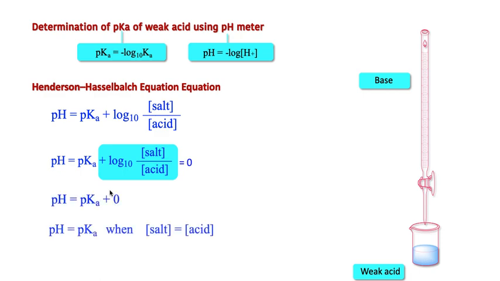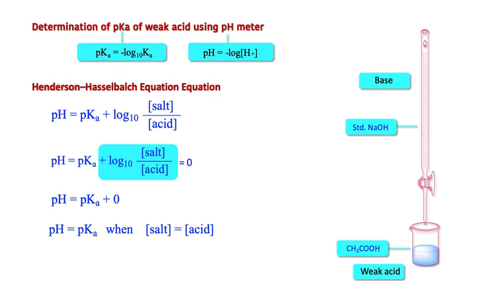When we add base to the weak acid, it forms the salt. So at a particular point, the salt concentration and the acid concentration become equal. At that point, whatever pH we get is equal to pKa.